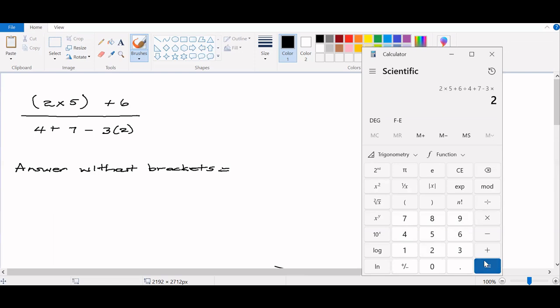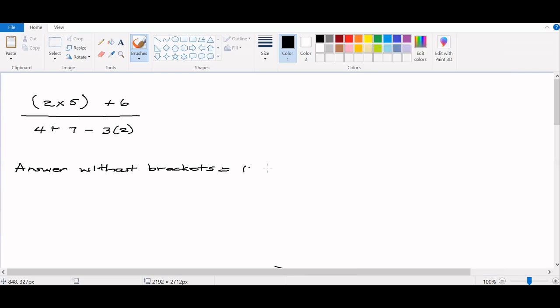And our answer is 12.5. Nice answer, right? It doesn't look like anything wrong. However, we have to work out this, and we have to work out that, then divided by each other.